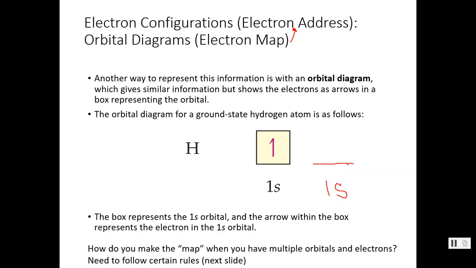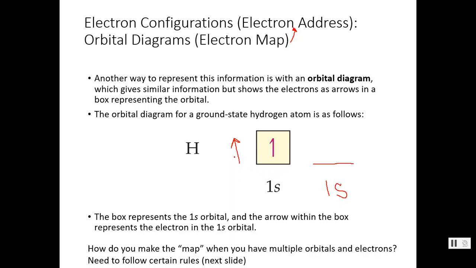And instead of superscripts, which is what is used in electron configurations for actual electrons, in orbital diagrams, in electron maps, we use arrows. Arrows represent electrons. Now, it doesn't matter to me if your arrow has a single head or a double head, as long as you use an arrow to represent an electron.